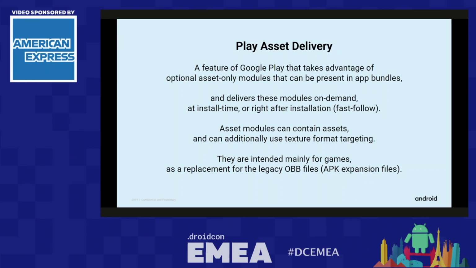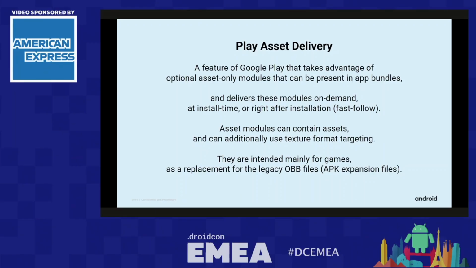And what I mean by that is you have an asset folder, and whatever you put there is up to you. There's no structure that you have to follow. It's completely opaque for the operating system. What you put in there, it will be delivered and unpacked in a folder, and you can use it, whatever files you put there.